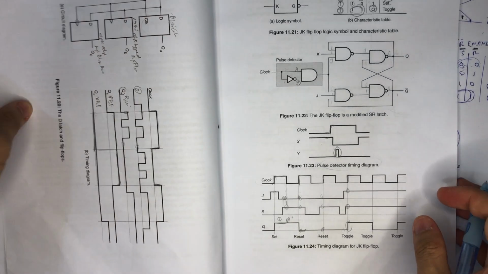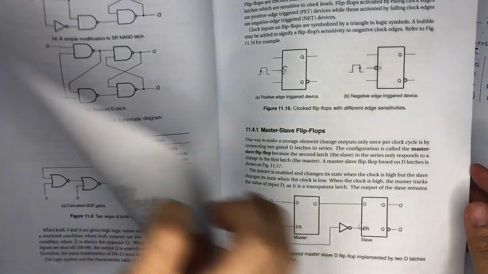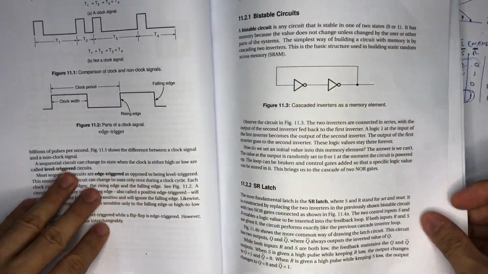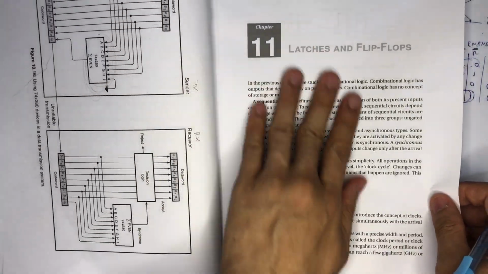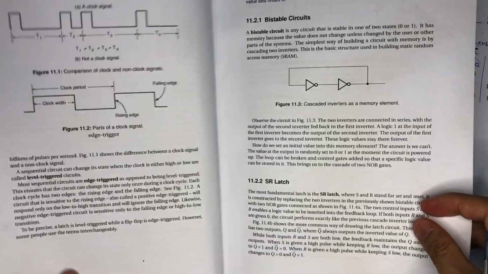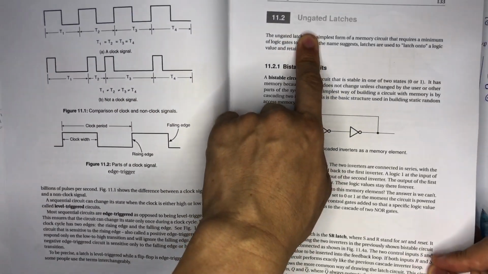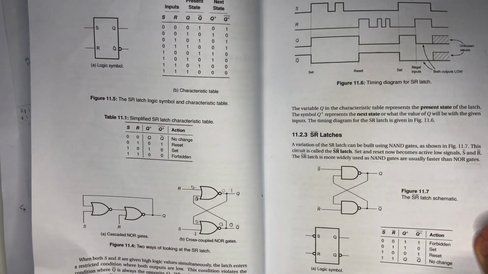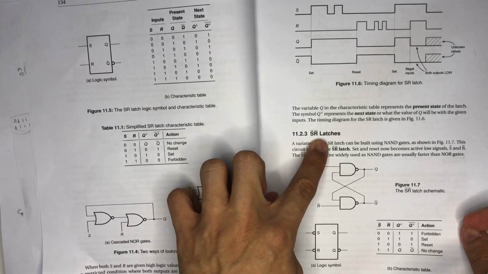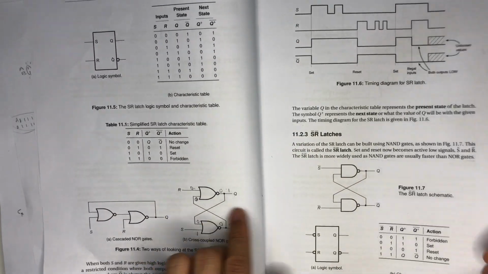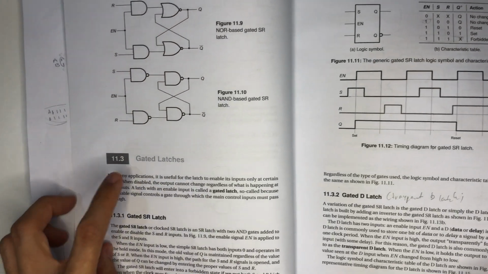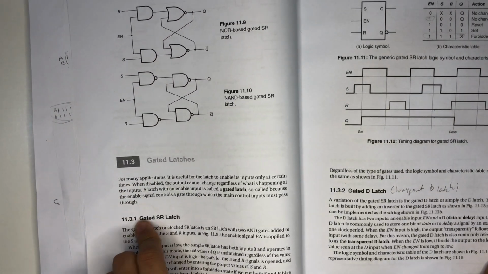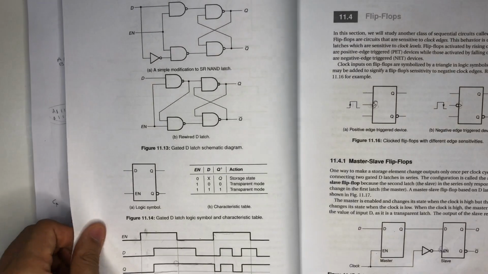So I think you can try at home. With that we finish. I covered latches and flip-flops, clocks, ungated latches, bistable, SR latch, the SR latch using NAND gates instead of NOR gates, gated SR latches, gated D latches, and flip-flops.